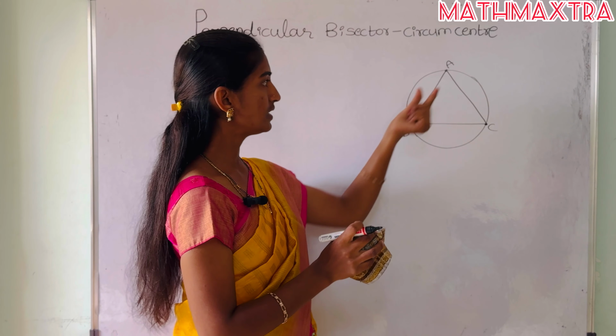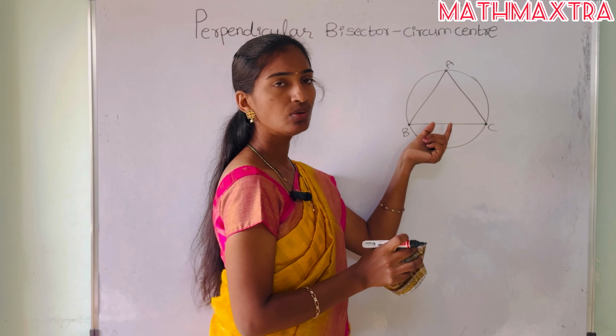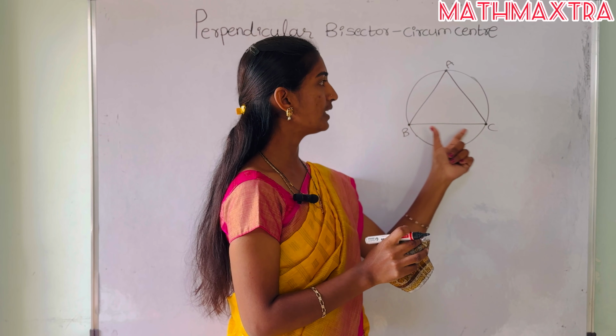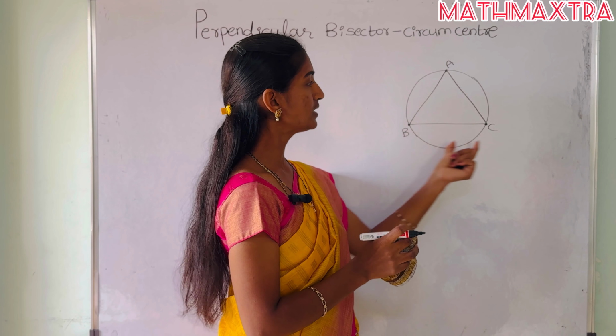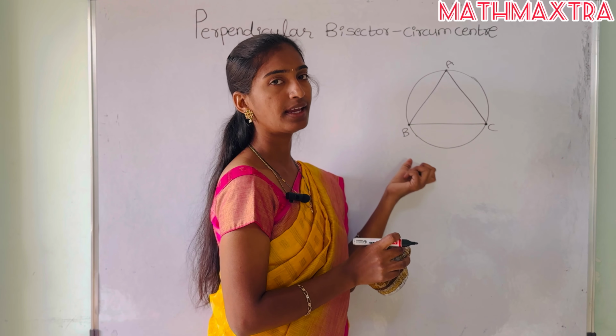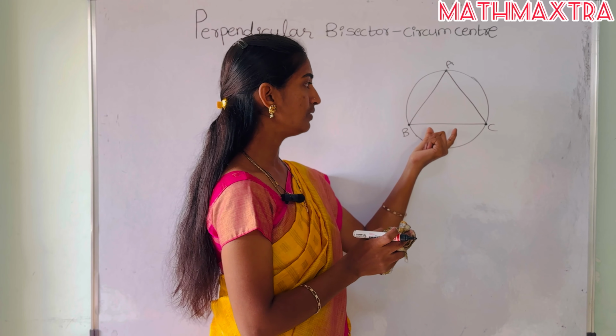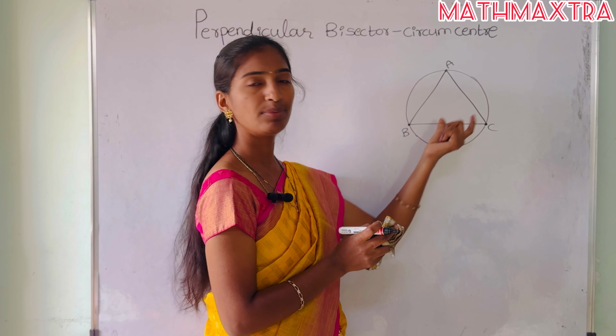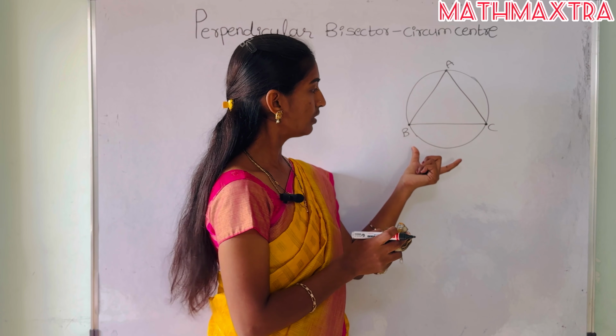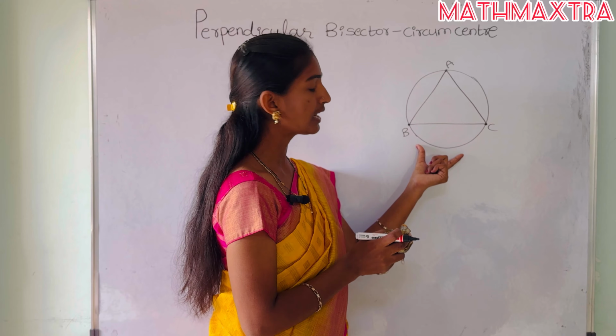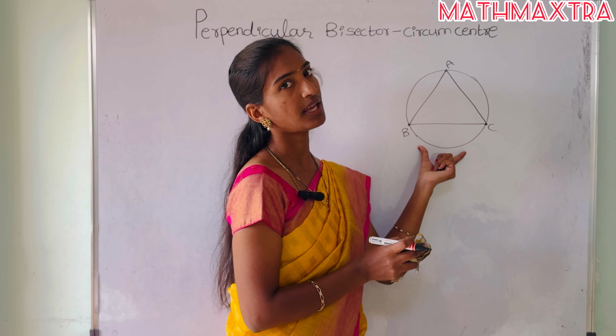This is a triangle ABC. If you draw a circle by joining these three vertices, this circle we call a circumcircle, which means this triangle is inscribed in the circle. So this circle we call a circumcircle.